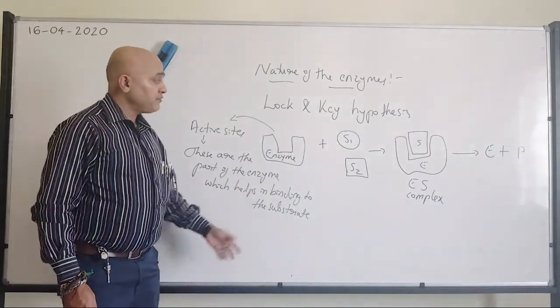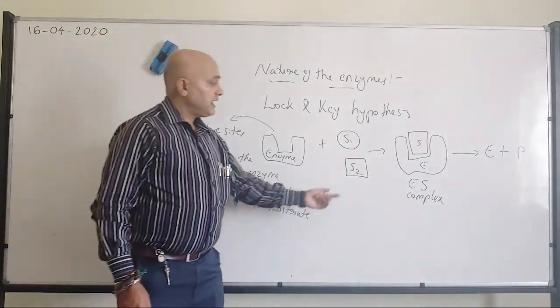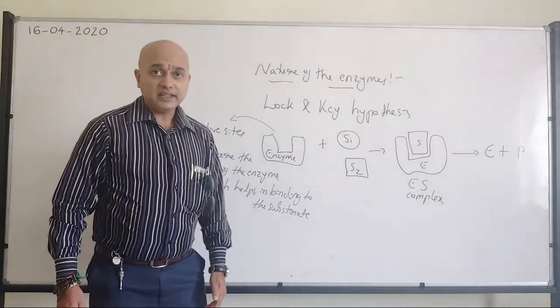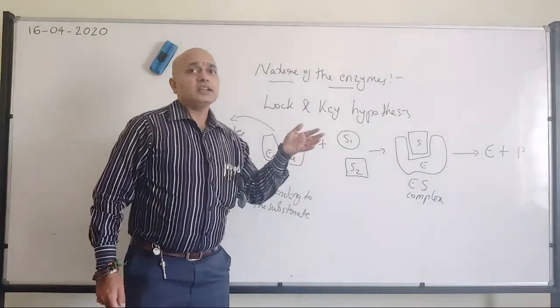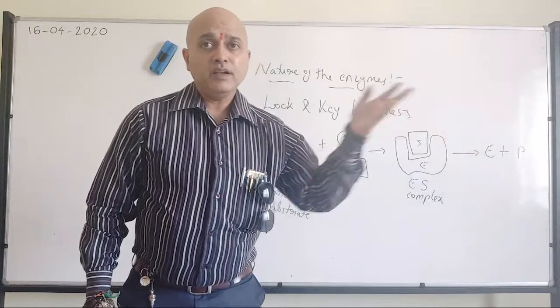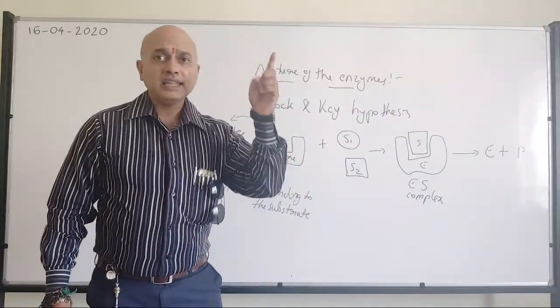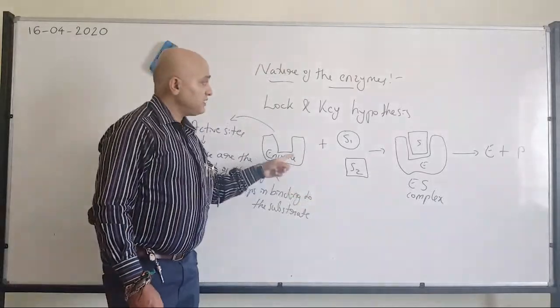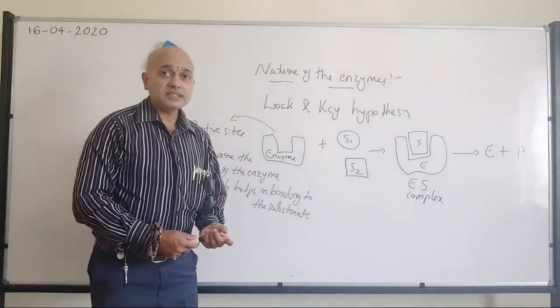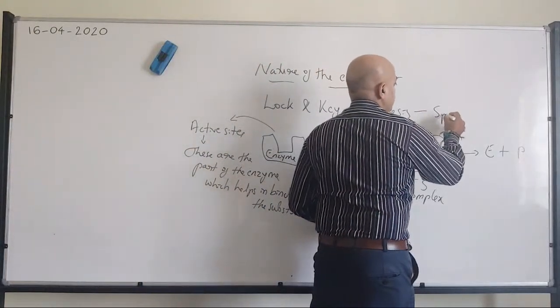Now, if I imagine the enzyme as a lock and the substrate as a key, each key is going to fit into a particular lock only, or each lock can accommodate a particular key only. So the lock and key hypothesis talks about the specificity of the enzyme.